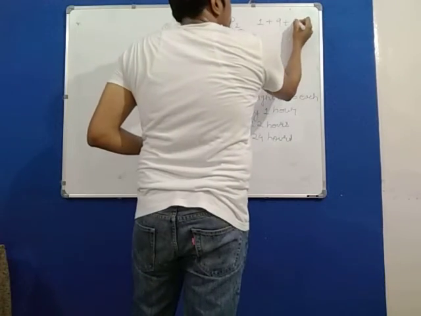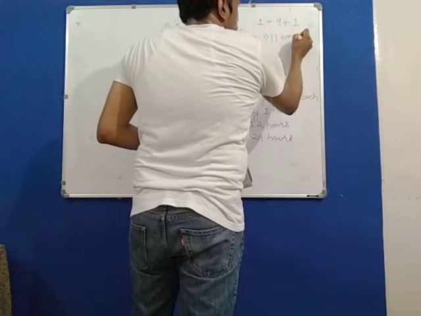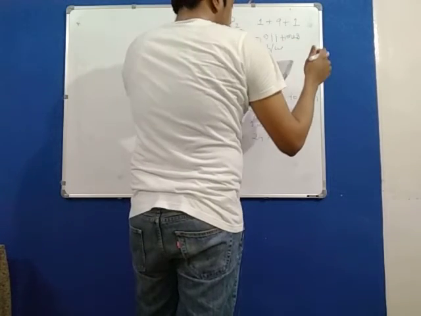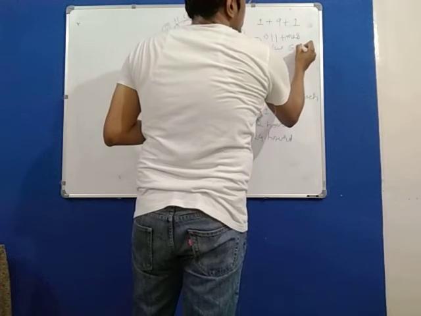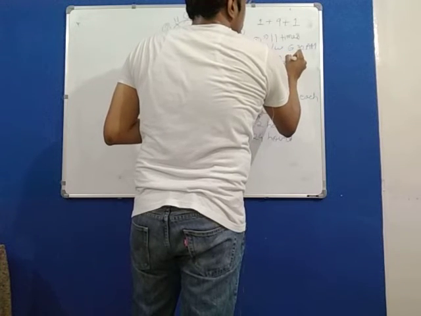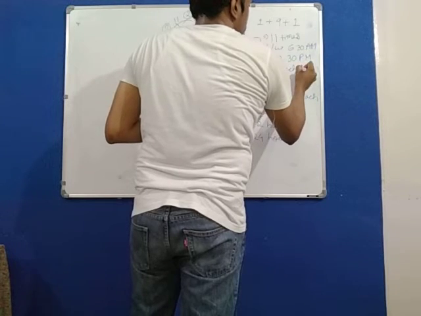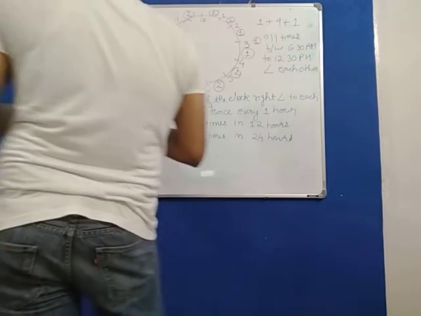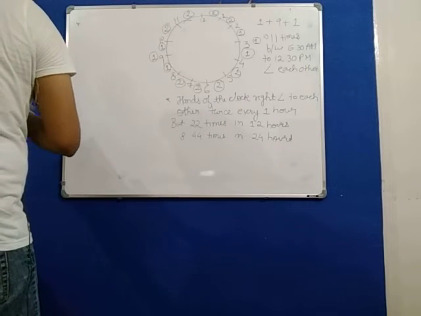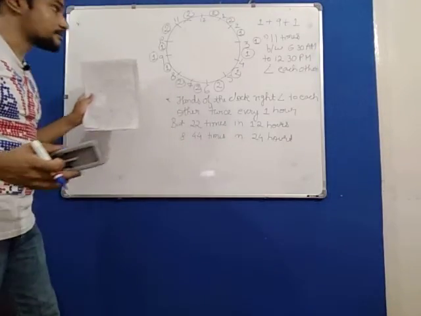So in total we can say that 9 plus 1 plus 1, that is 11 number of times between 6:30 am to 12:30 pm the hour and the minute hand will be perpendicular to each other. I hope you've noted this down.